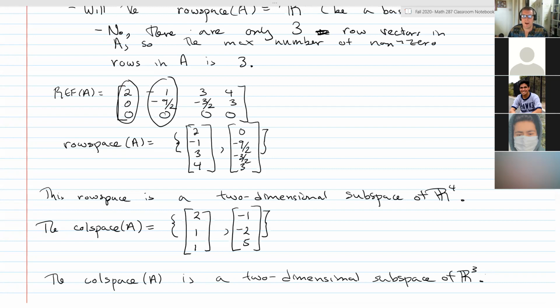And since we are required to have 3 linearly independent vectors to have a basis for R3, the column space of A is not R3 either.